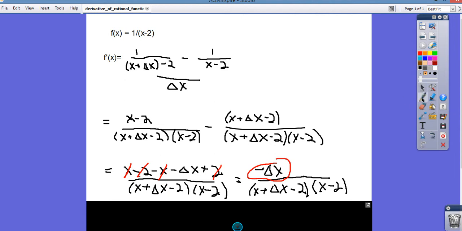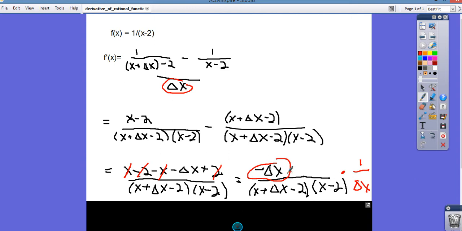Remember, don't forget about this. We're basically taking this fraction and dividing it by delta x, right? So you're dividing by delta x, which if we do a keep change flip, is the same as multiplying by 1 over delta x.